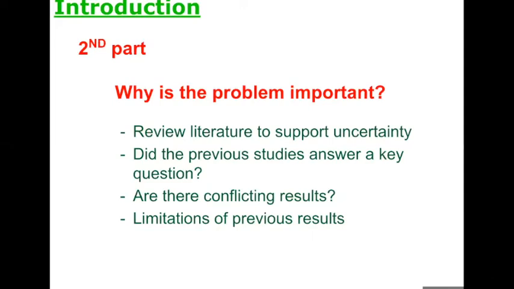Okay, limitations of previous results, no? So limitation of our current vaccine, for example, it is all the studies conducted are within the age range of around 18 or 16 to 65. That is the age range. That is the limitation of previous studies. Now you want to expand this.